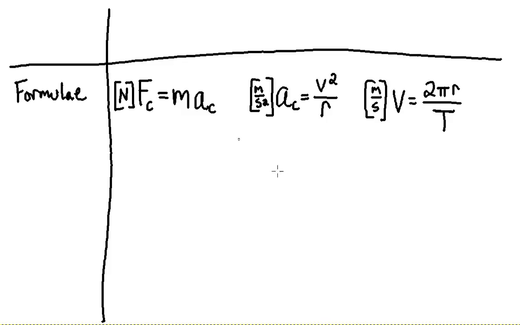Nothing new when it comes to the units. Next equation is new, but very similar to something that's old. Newton's gravitational constant multiplied by the smaller mass times the larger mass. It could be mass 1 and mass 2, but I'm going to stick with this for now, divided by the square of the distance between them.